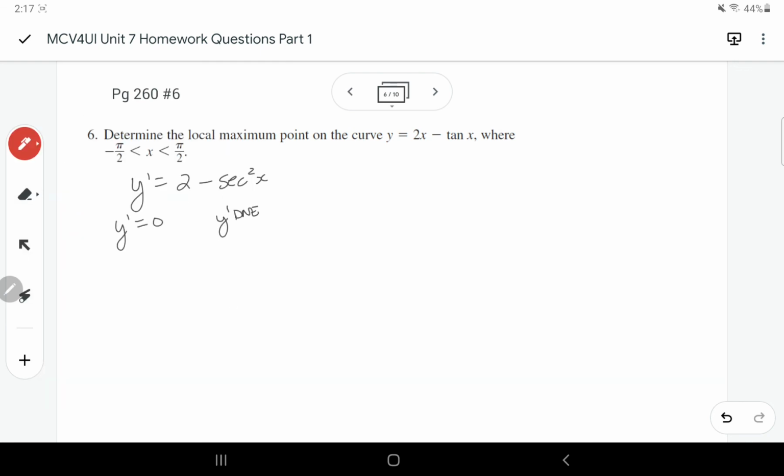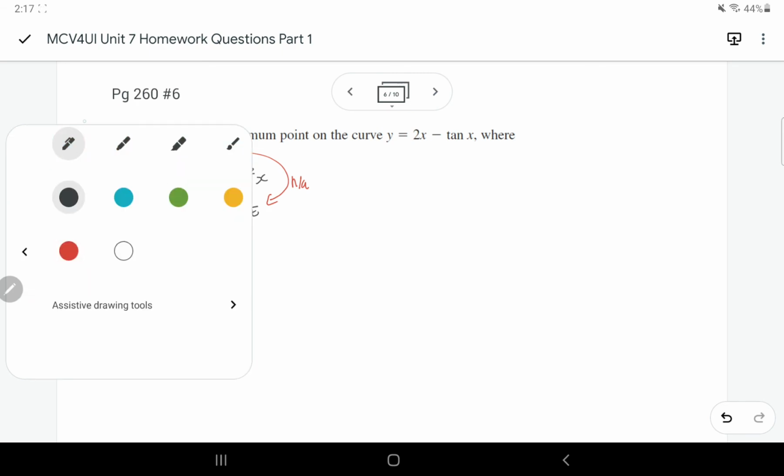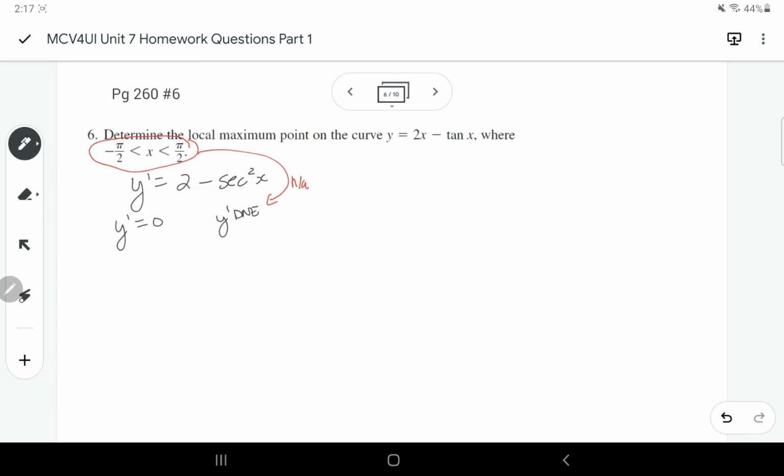Secant is restricted and doesn't exist at pi/2 or -pi/2, but because it's not less than or equal to in those inequalities, we'll just consider where y prime equals 0.